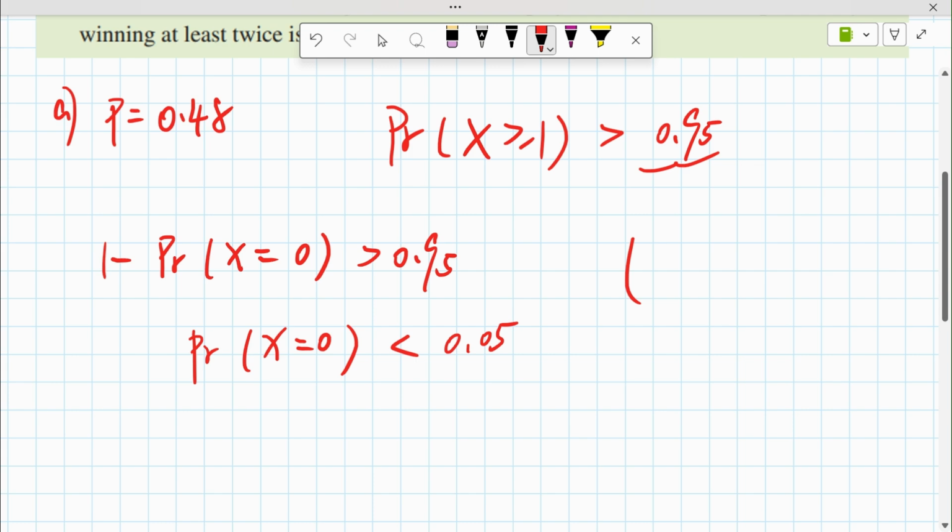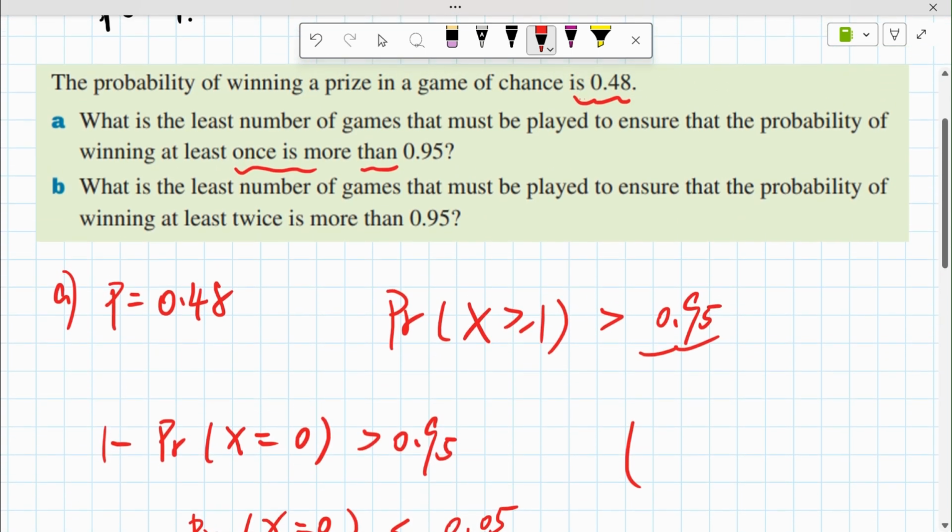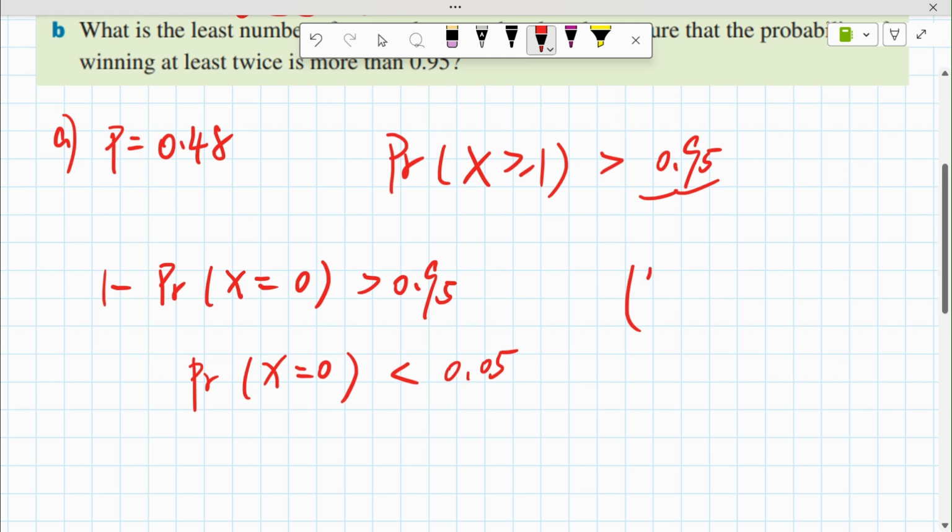So now we can try to figure this out. Hopefully you still remember how many games we play. We don't know, so we say n choose 0, 0.48 to the power of 0, and then 0.52 to the power of n.